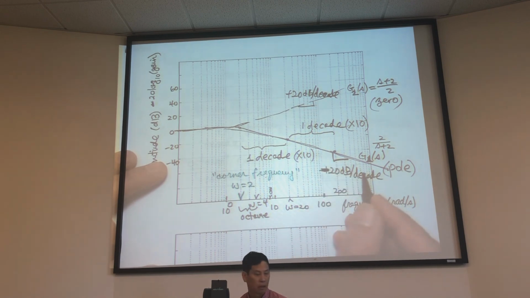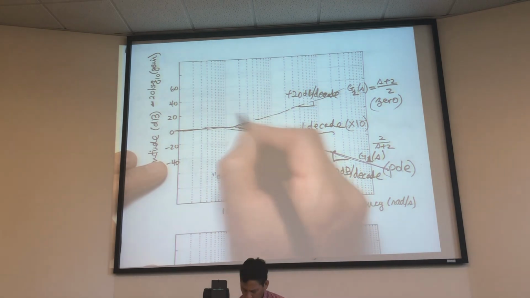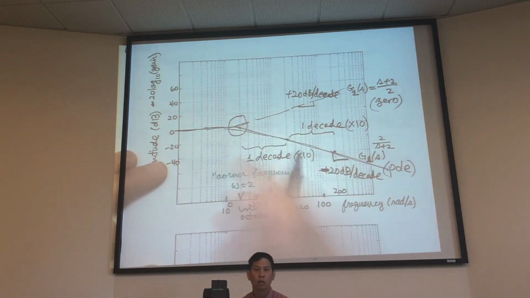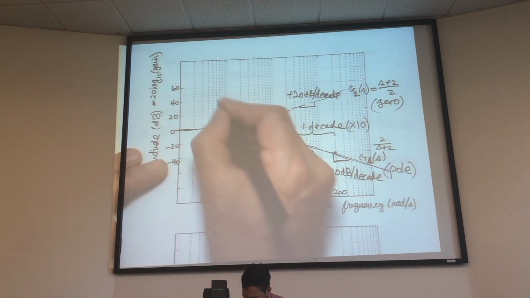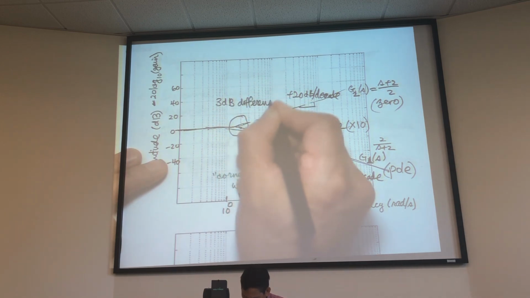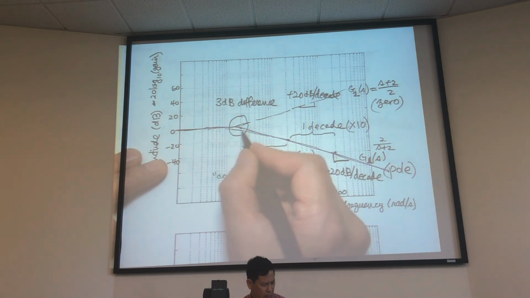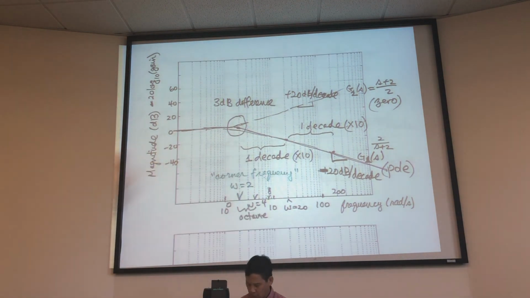The straight line is pretty correct. Here, the straight line is correct. Here, there's a little bit of error right at the corner. If you were to zoom in here, there's about a 3 dB error. Three dB difference between where the corner is and where the actual curve is.